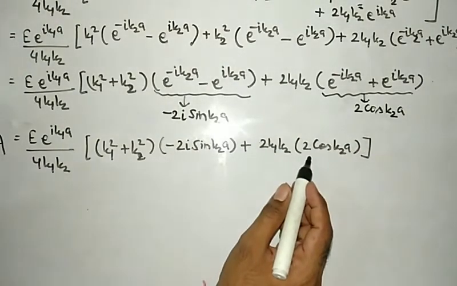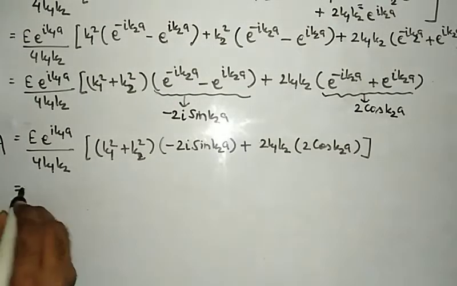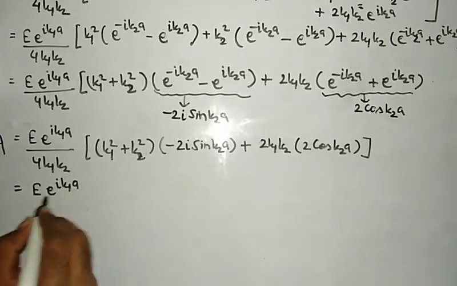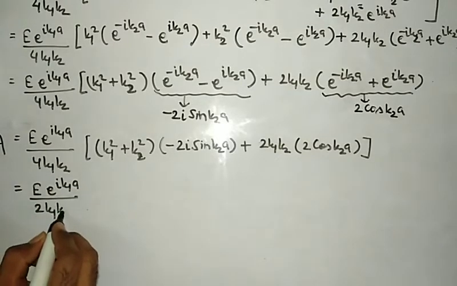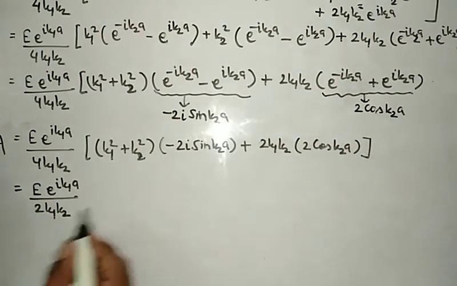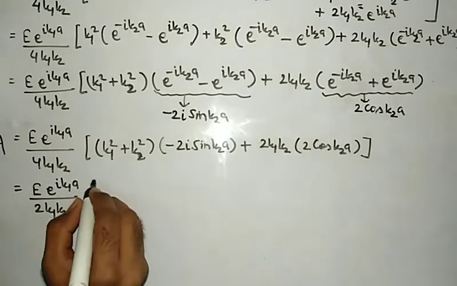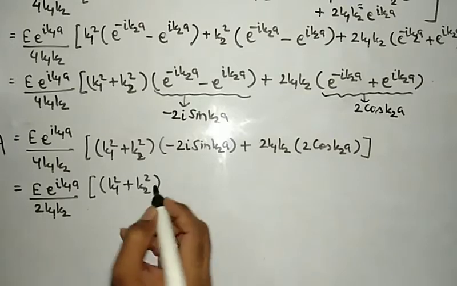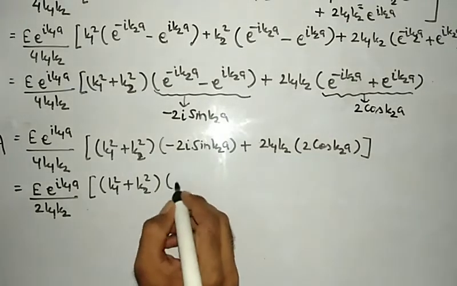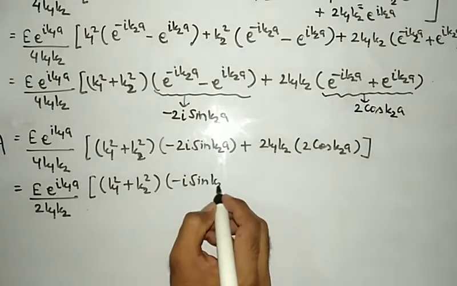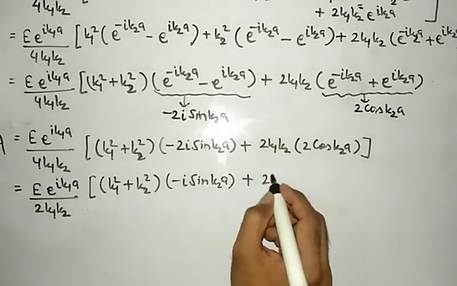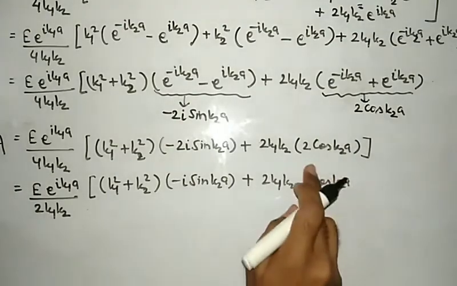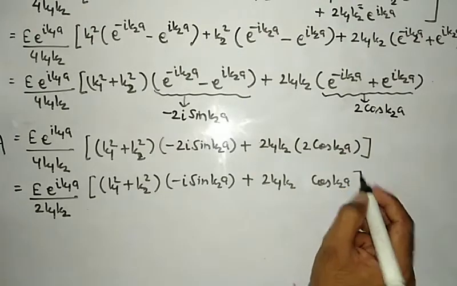Now this 2 will be common and we can take it out, so this becomes a e to the power i k1 a upon 2 k1 k2, because this 2 gets common, so we get k1 square plus k2 square, minus i sin k2 a plus 2 k1 k2 cos k2 a. Okay.